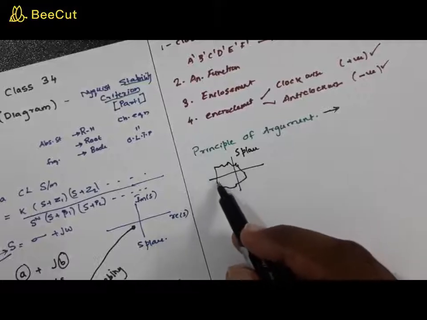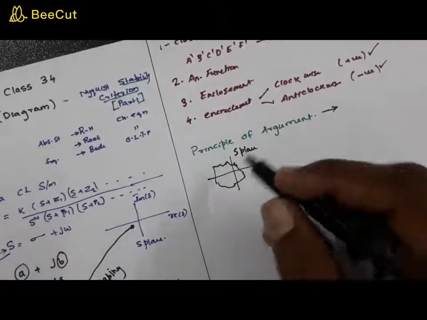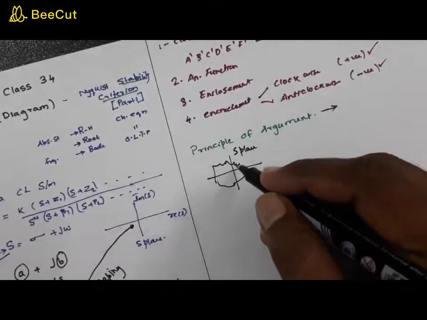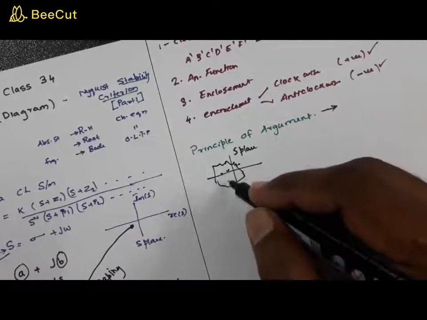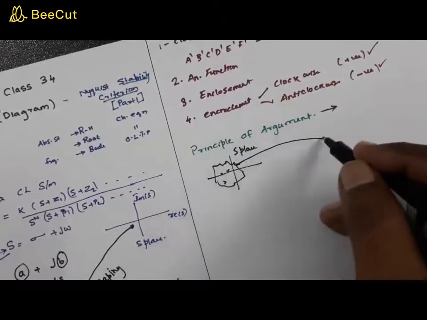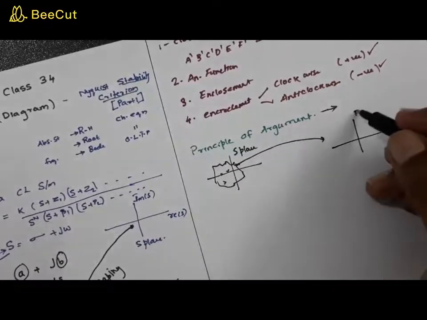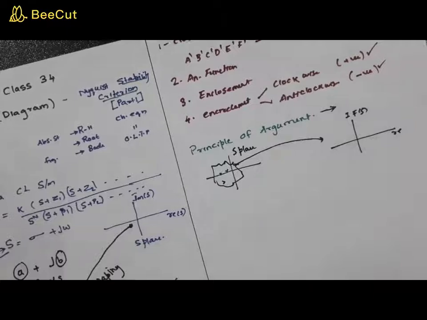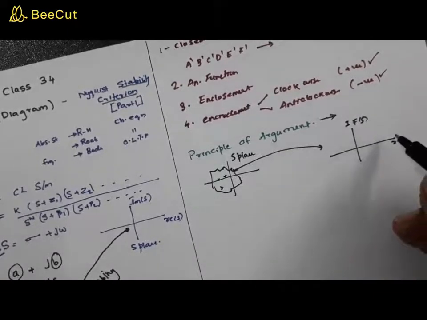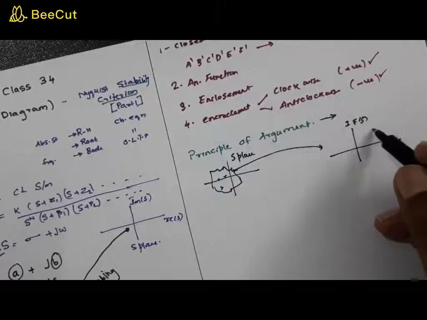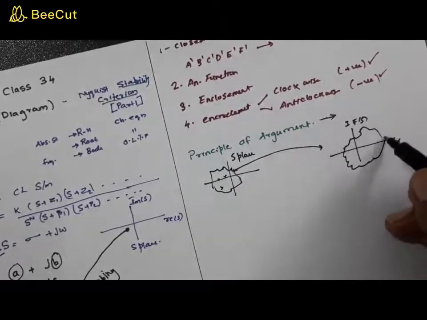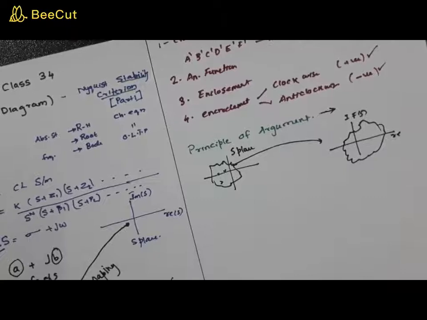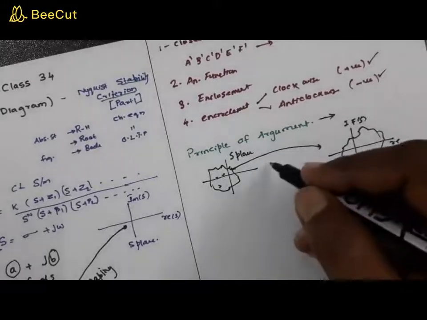I am specifying this contour and this direction. Now I want to map this. All the points inside this closed contour I need to map into the f of s plane, that is the real of f of s and imaginary of f of s. The principle of argument says that this will result in another contour when you map this. That's what we have seen here in this example.